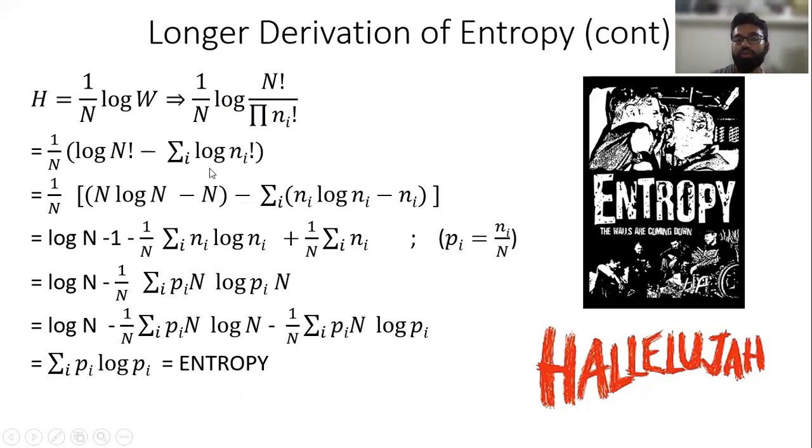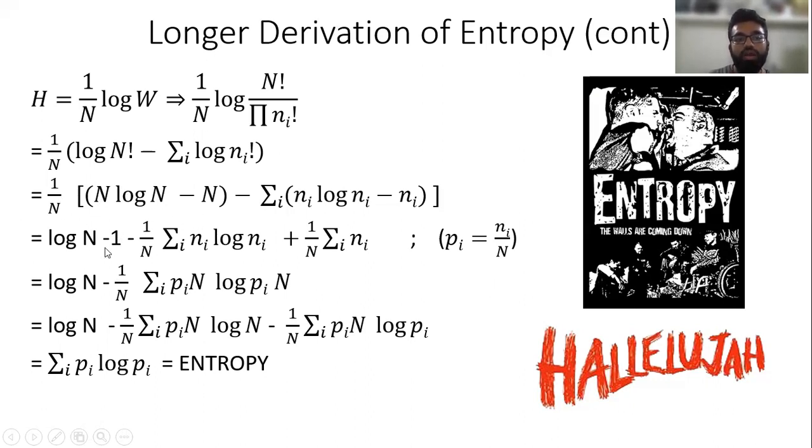We're going to apply Stirling's approximation to both of these terms, and this will become n log n minus n, and this becomes n_i log n_i minus n_i, summed over i. And this further simplifies. For the first term, when you take n out, n gets cancelled, and you just have log n minus 1.